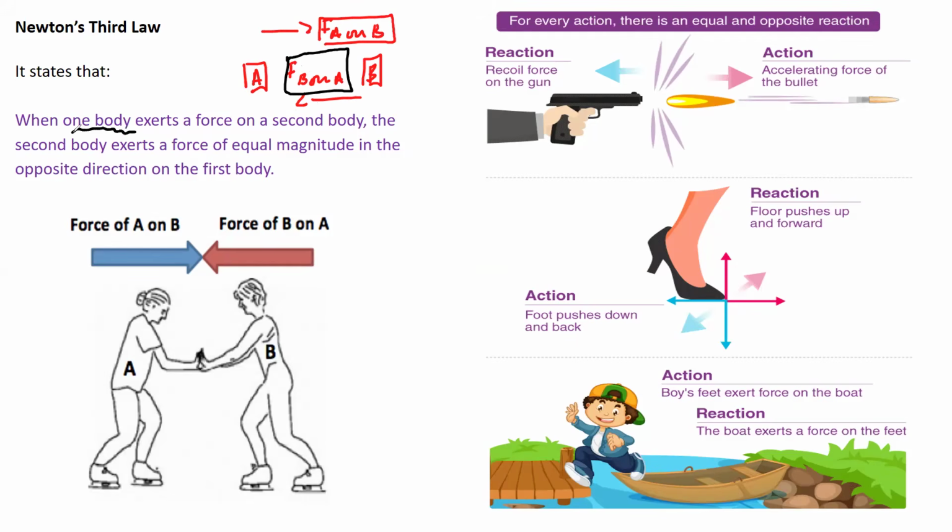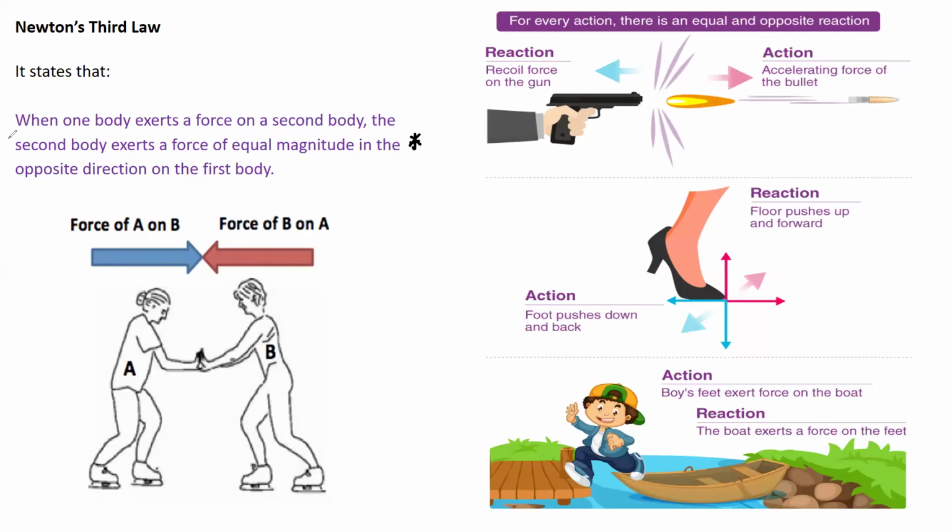So when one body exerts a force on a second body, the second body exerts a force of equal magnitude in the opposite direction to the first body.